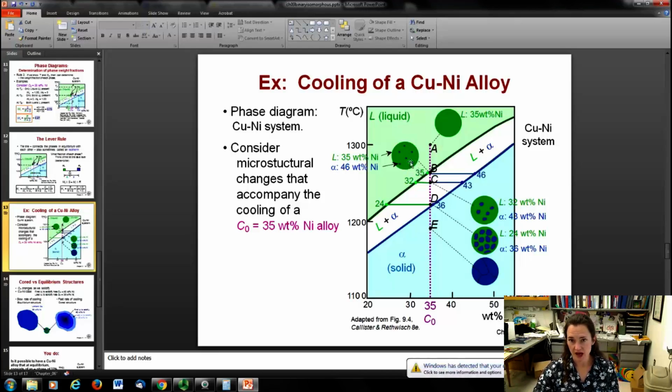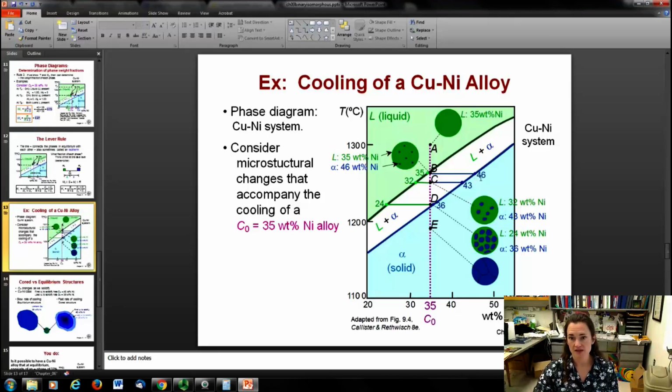So at B, I'm starting to see these little tiny alpha phase solid particles forming. Now, given where it is, if I construct a tie line here and look at the intersection on either side, I've got 35 weight% nickel for my liquid phase, and then for my alpha phase, if I go across here and draw my tie line to the other side, then I've got 46 weight% of nickel.